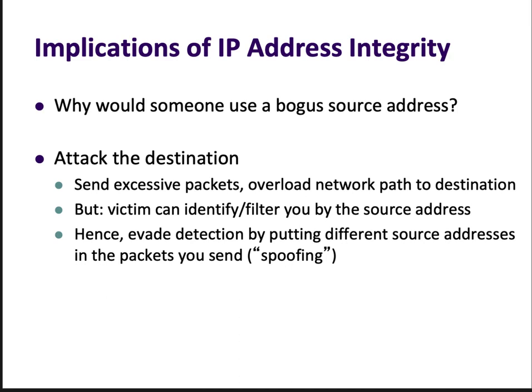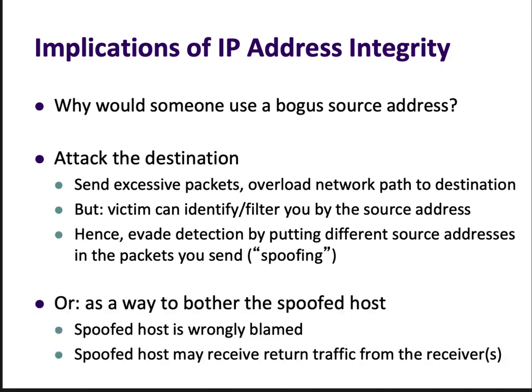But if I spoof my source address and choose a different address for every packet, then it's very hard for an ISP to filter traffic because they don't know where it's coming from. All they see is that somewhere close to Alex, packets are coming in from millions of different IP addresses, and Alex is being taken down. So this is a very common attack on the internet, and it's hard to know how to filter it if you can spoof addresses. Make sense?